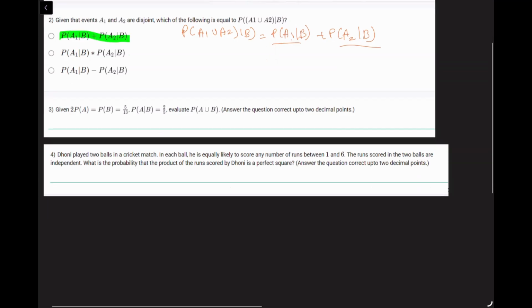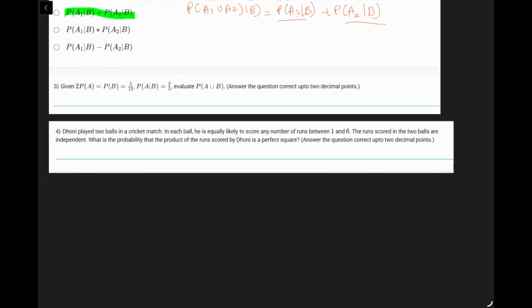Moving to the next question: given 2P(A) equals P(B) equals 5 over 13, and P(A given B) equals 2 over 5, evaluate the probability of A union B. Answer the question correct up to 2 decimal points.